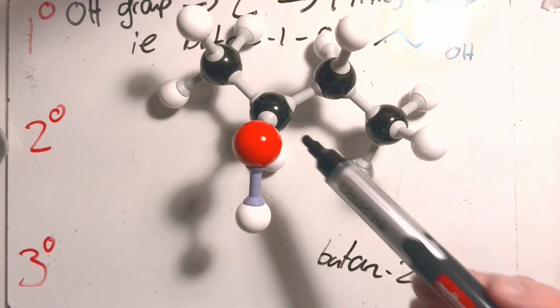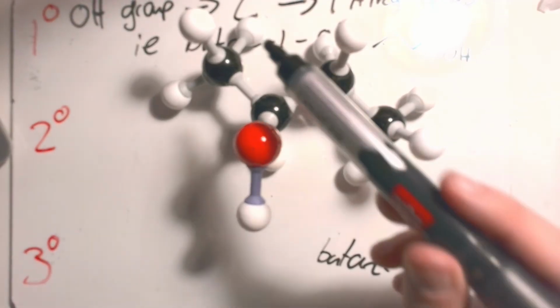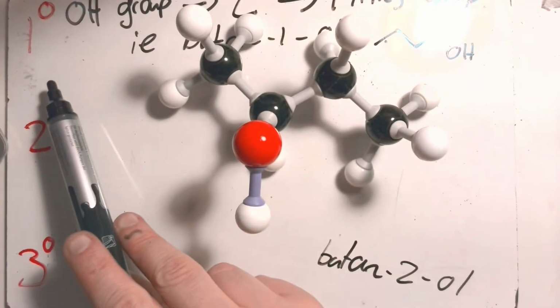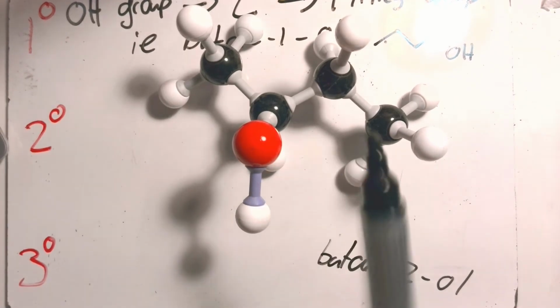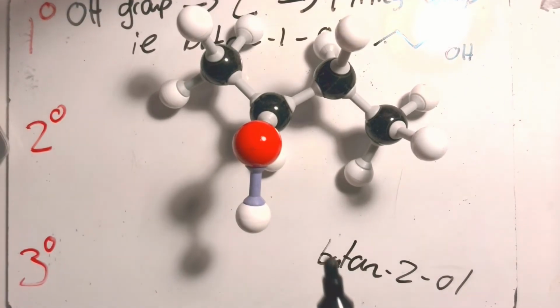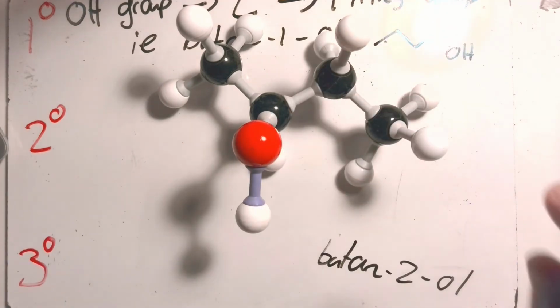So this carbon is bonded to 2 alkyl groups instead of the one that we had for the primary alcohol here. So the OH group is bonded to a carbon bonded to 2 alkyl groups here, and this causes a slightly different chemistry and different products compared to the primary one we saw previously.